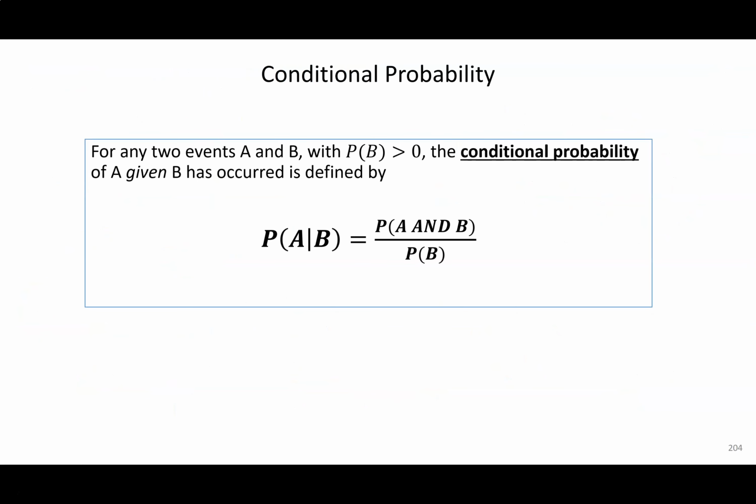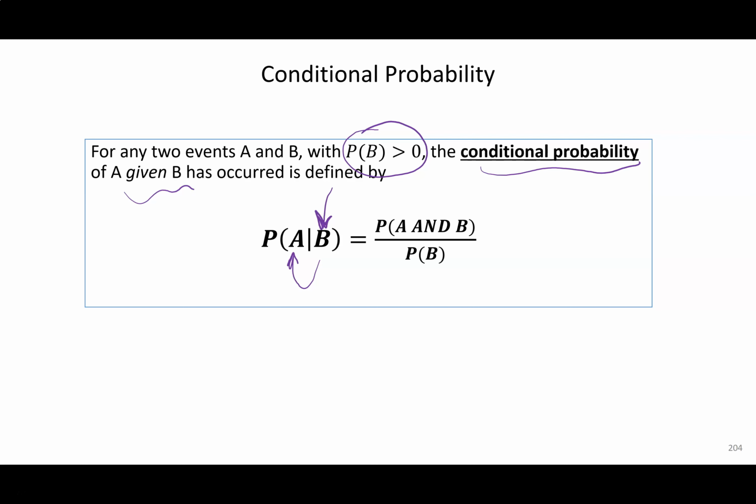So conditional probability. For any 2 events, if we have events A and B, the probability of event B can't be equal to 0 because we can't divide by 0. It'll make every single calculator unhappy. The conditional probability of A given B. So if you know B has happened, what's the probability A has also happened?